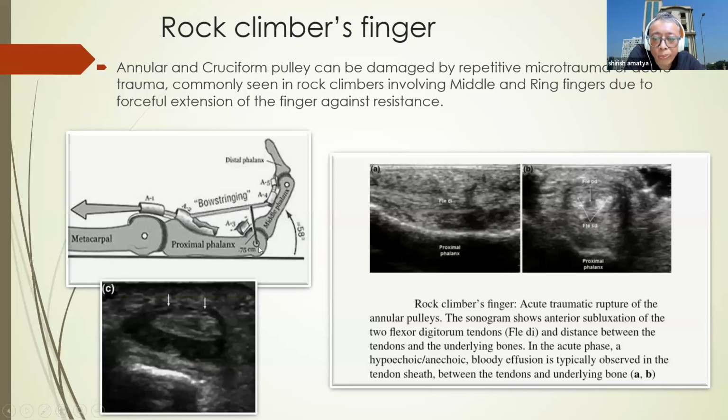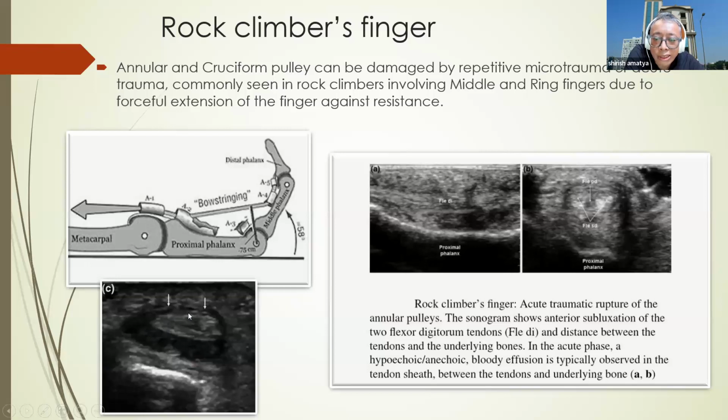In the ultrasound picture, in the short axis view in the lower side of the slide, you can see the distance between the bone, mainly the phalanx or metacarpal, and the tendon increases. In between the tendon and the bone, there will be an echoic shadow, which is basically a hematoma or effusion.